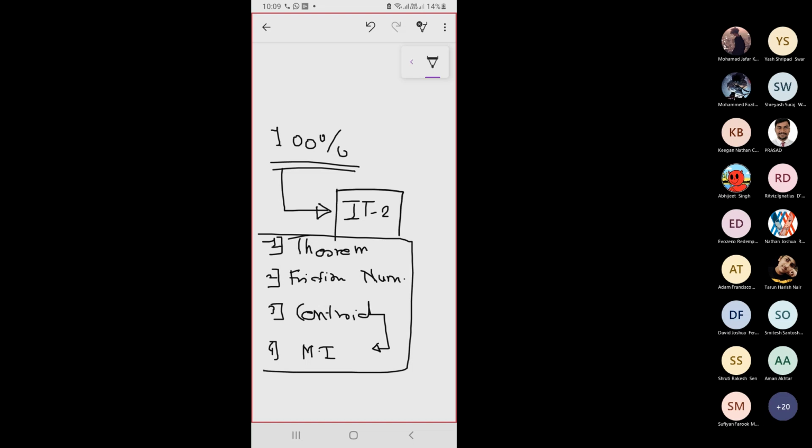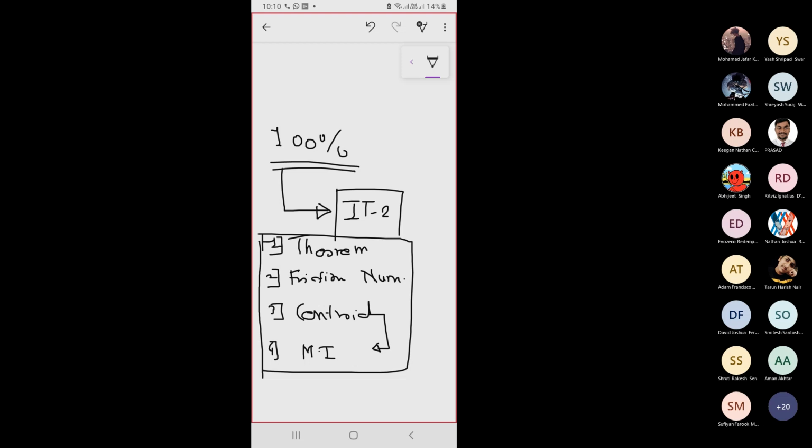IT2 only I will correct, so you have to come to me for IT2 marks and those things. If you have any doubt, you can come at any time.